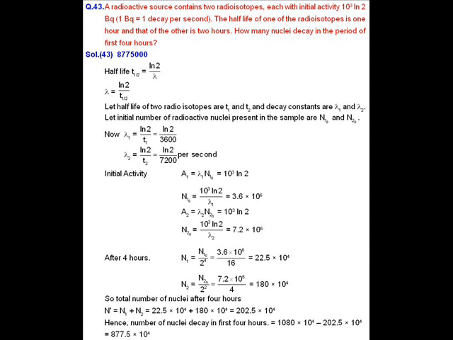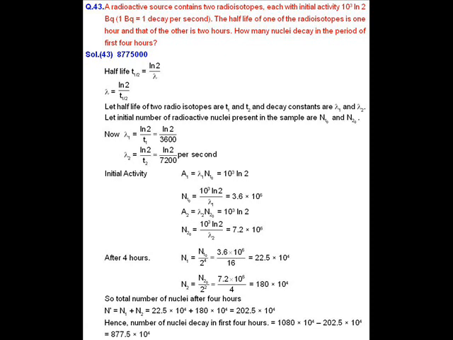Now we can calculate the number of nuclei remaining after 4 hours. For the first isotope, the number of nuclei remaining will be given as N1 naught divided by 2 raised to power 4, that will be 22.5 into 10 raised to power 4.